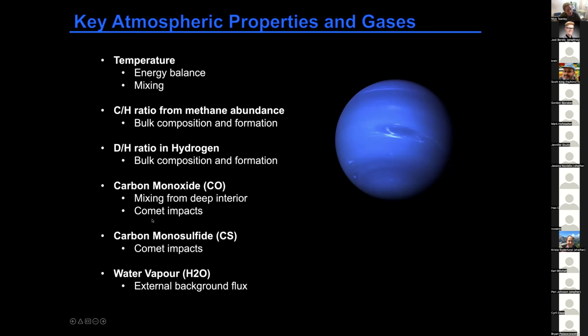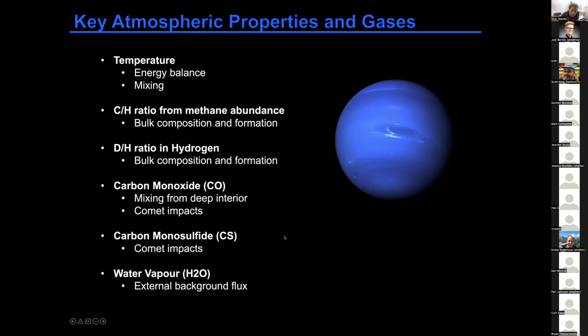We've got carbon monoxide that's been observed quite a lot recently, and that has two possible sources. One is from comet impacts, which can create CO in the upper stratosphere. And the other is we can actually mix it from the deep interior.